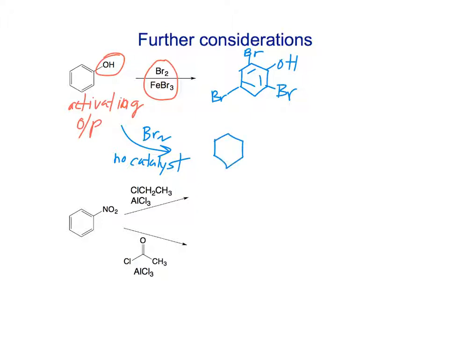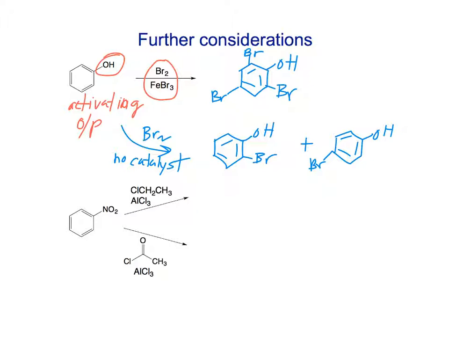Then we're going to get a mixture of the ortho-bromophenol and the para-bromophenol. So when we have a strongly activating group, we don't need the catalyst.